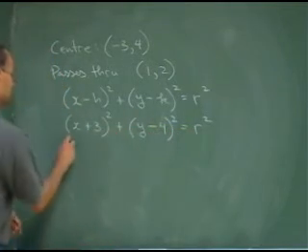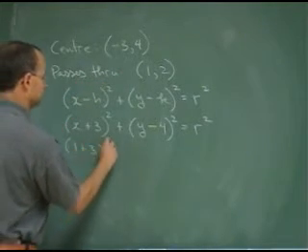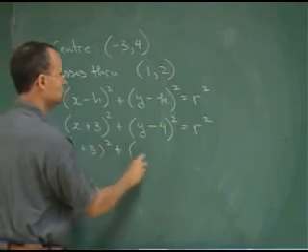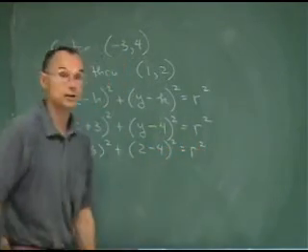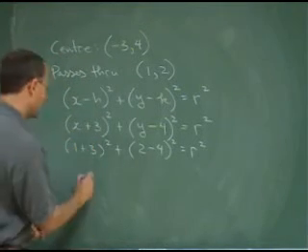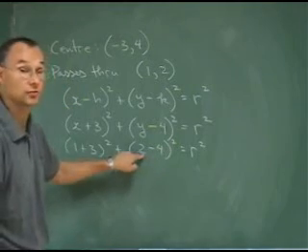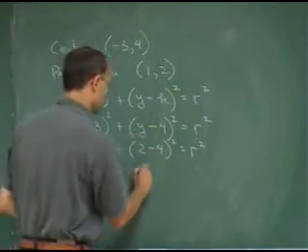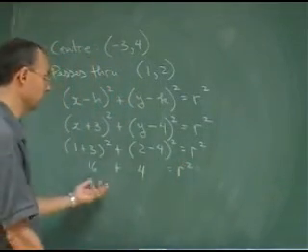So I'm going to put 1 in for x, and 2 for y, and solve. This is going to be 4, and 4 squared is 16. This is going to be -2, and -2 squared is 4. So now I know that r squared is 20.